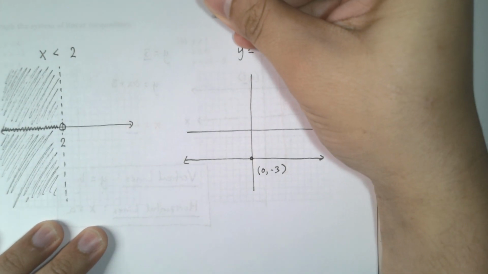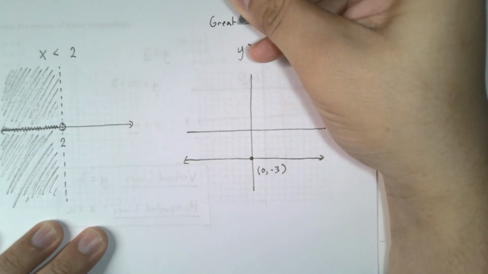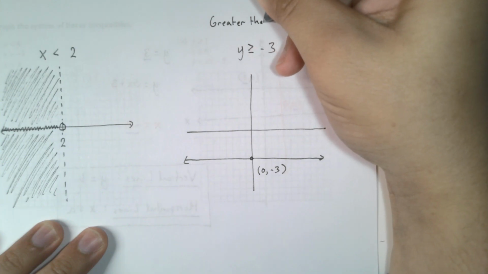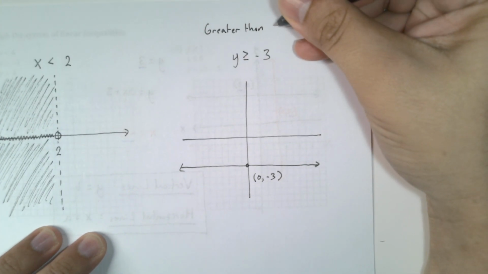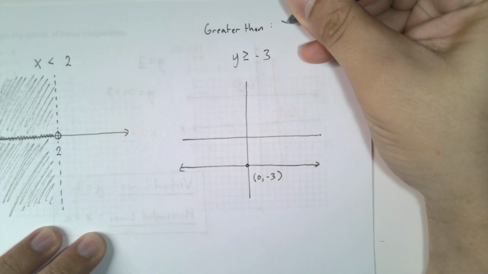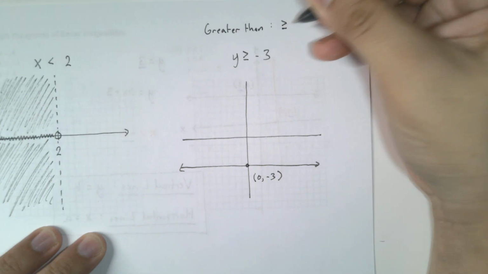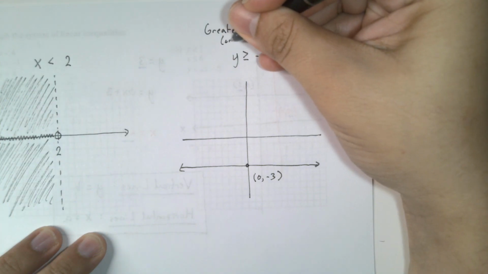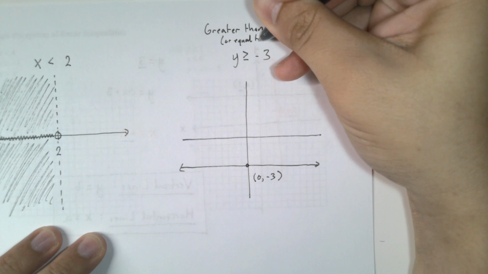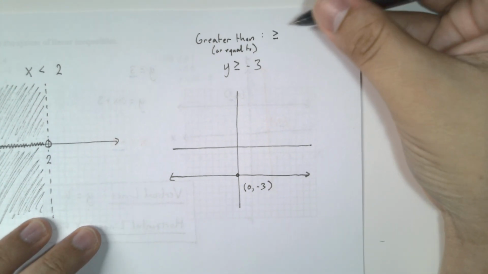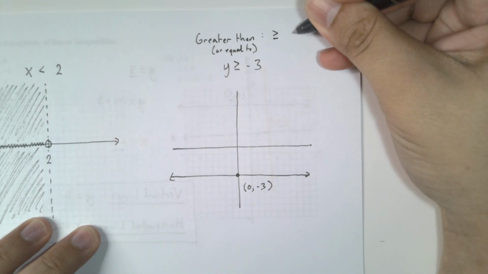So greater than, aka that one, or equal to, is always going to shade above.